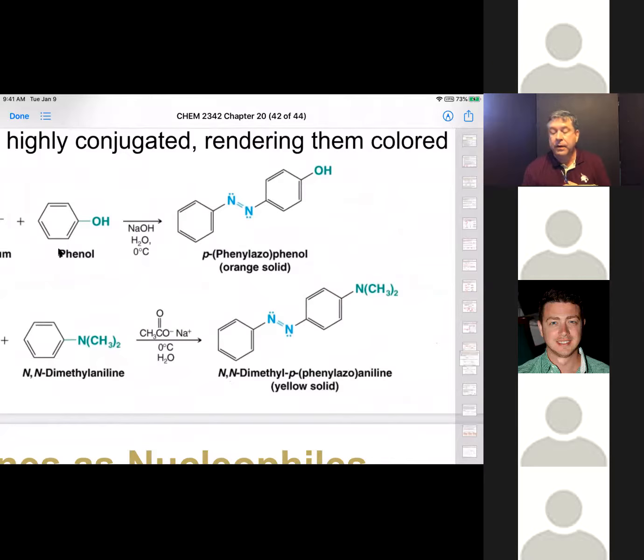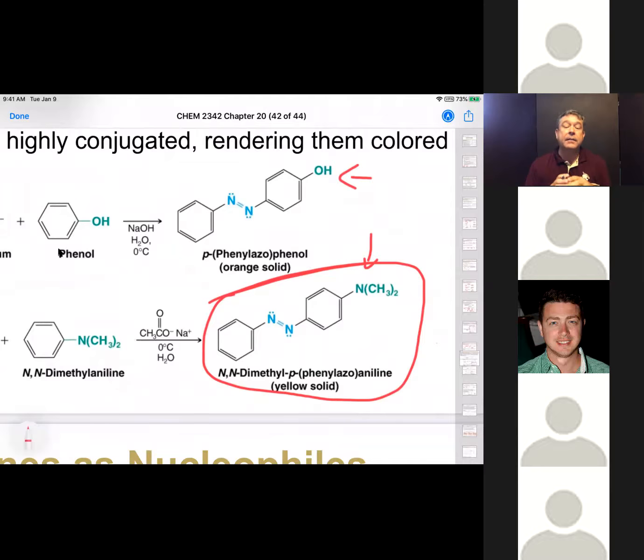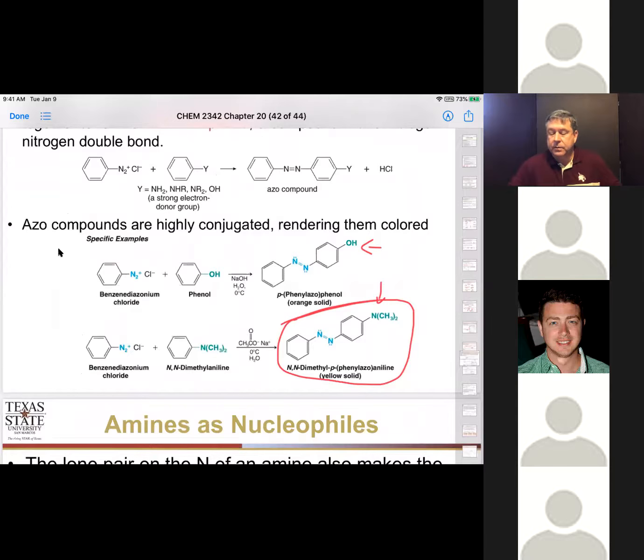The change in color has everything to do with just whatever group is here. So you can get these azo dyes everywhere from purple to red and everywhere in between just by changing that group. So that's another useful part of these diazonium salts. We don't just have to substitute them, we can actually use them as electrophiles.